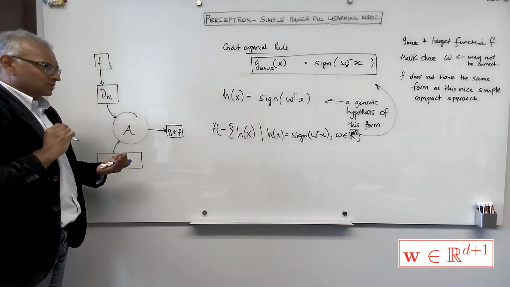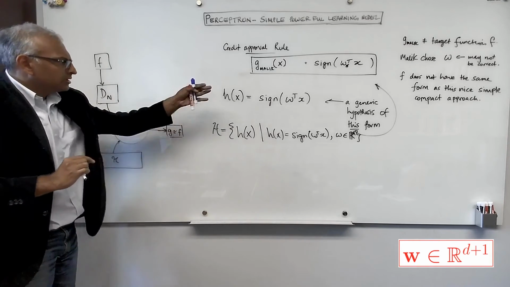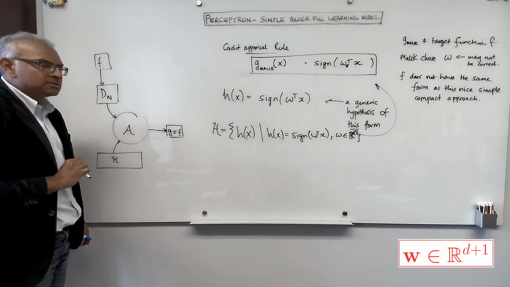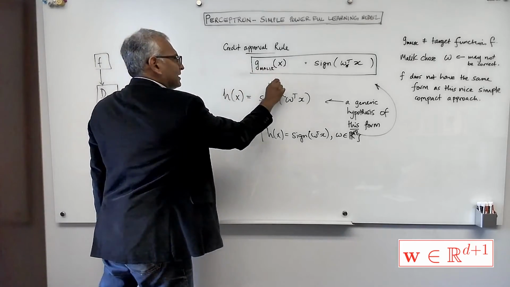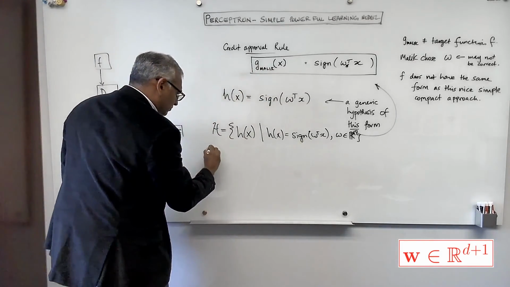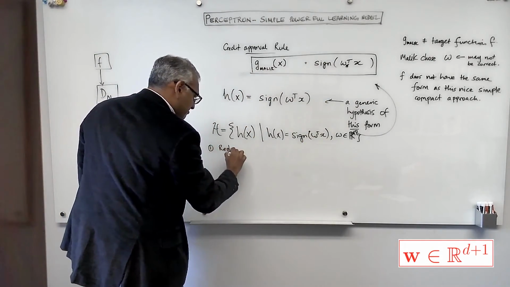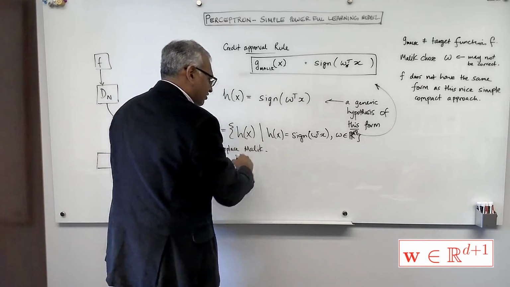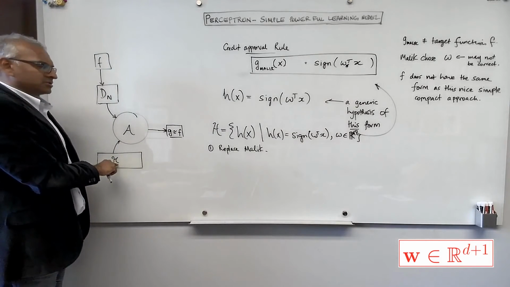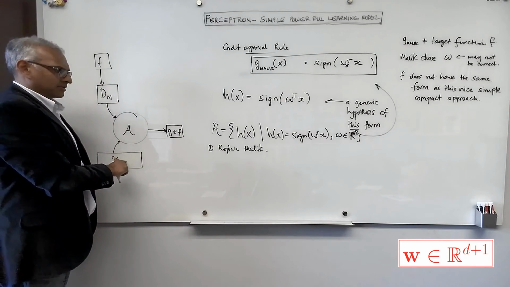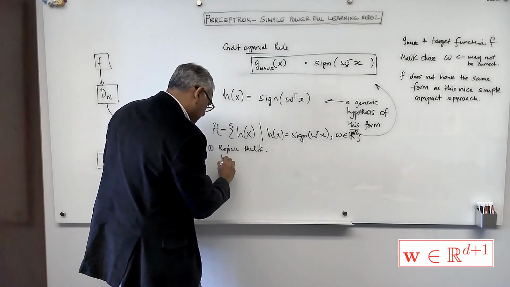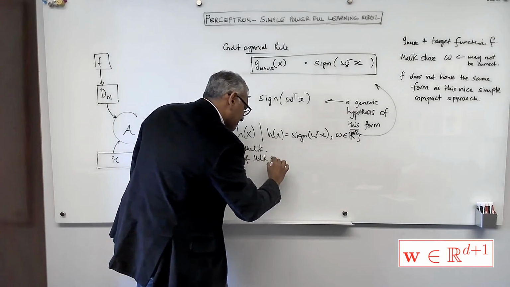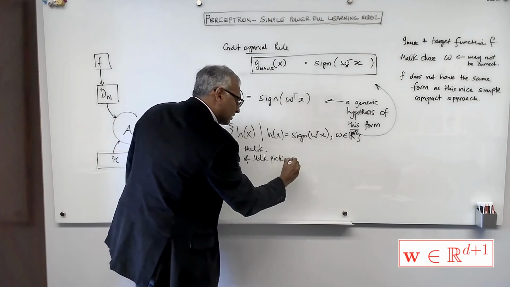So, the role of learning in this setup is twofold. Well, the first is to replace Malik in that process. So one, we're going to replace Malik. So instead of Malik picking a hypothesis, an algorithm will pick the hypothesis.